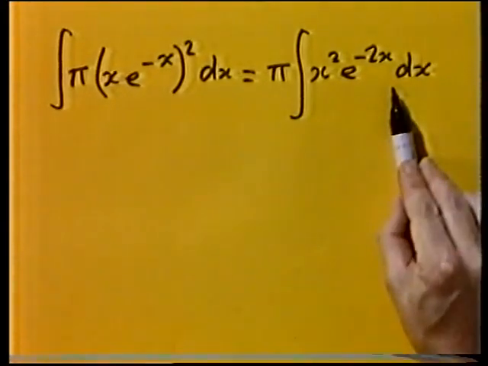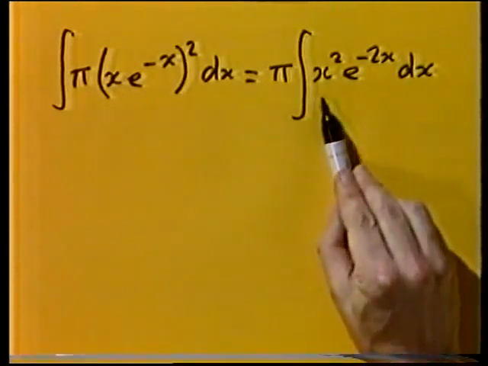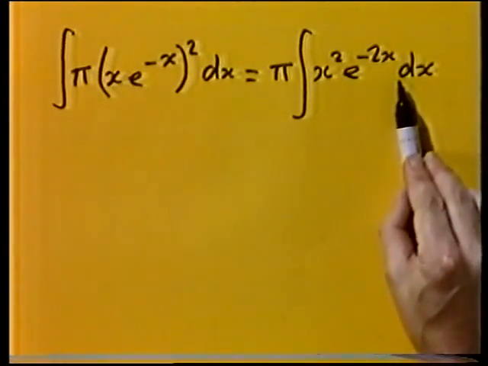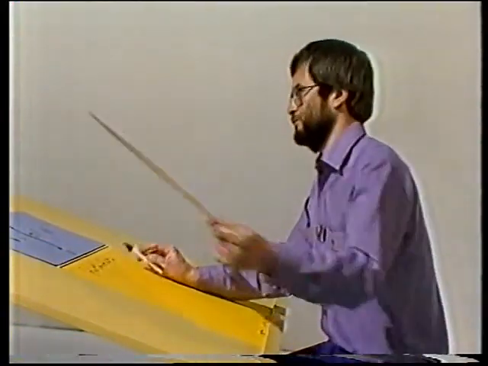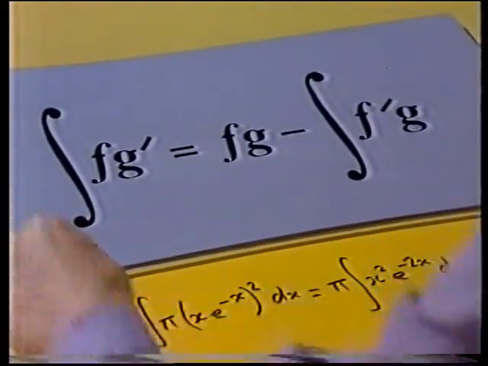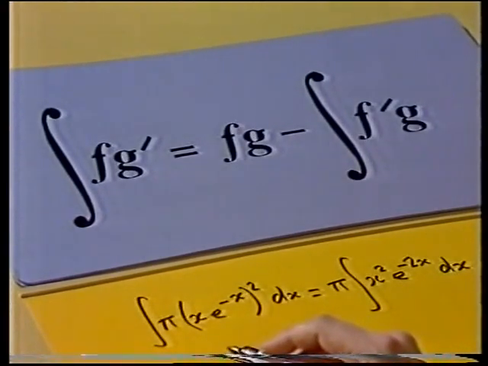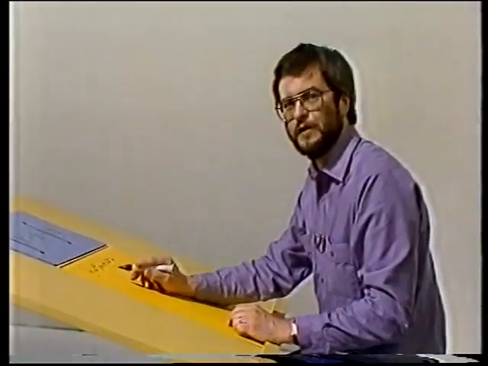And this is very like the integral we had for the area. It's something involving x times e to the something. So parts ought to work again. Because if I take x squared as f, f prime will be an easier function. So let's do it.